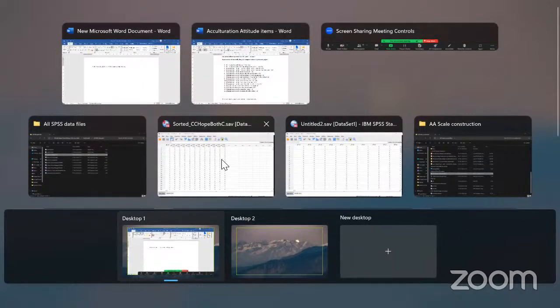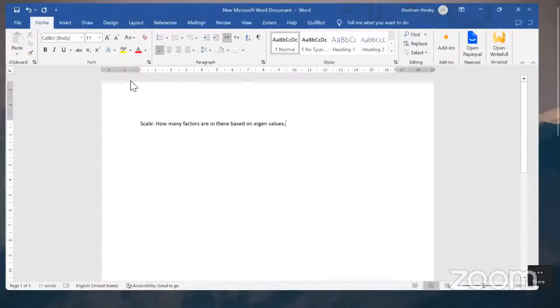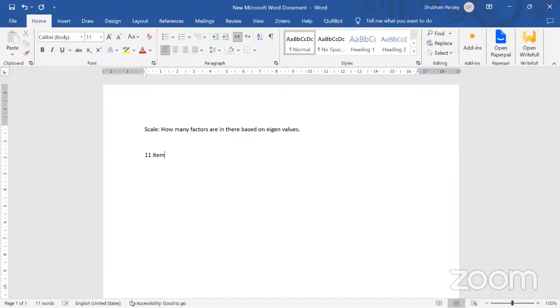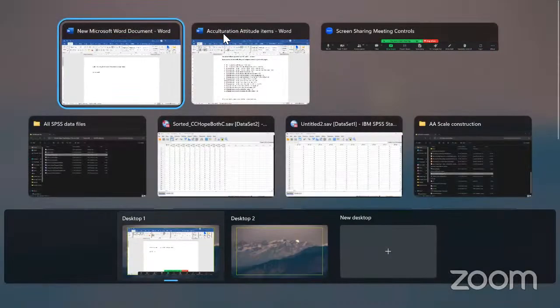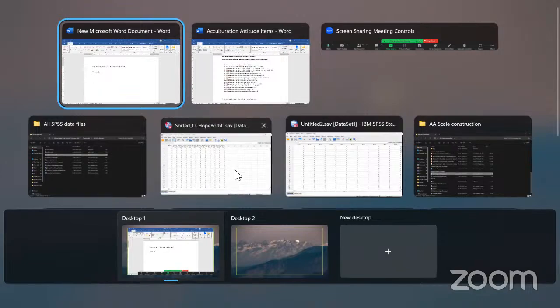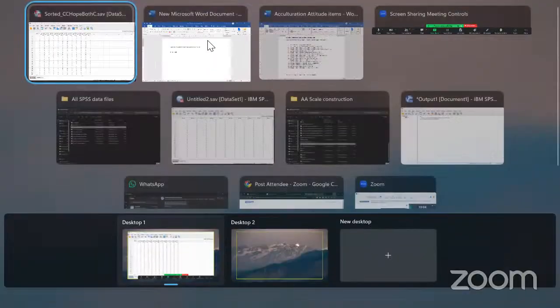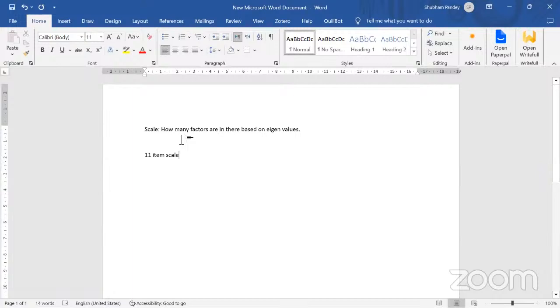On the basis of the scale, it was an 11 item scale. I'm telling a different example, ma'am, so that everyone can understand by giving a proper illustration. So the scale had 11 items, and I want to see how many factors are there in that particular scale based on eigenvalues.